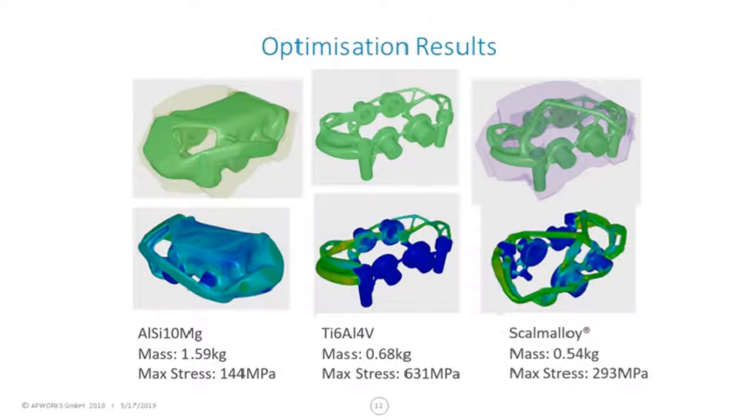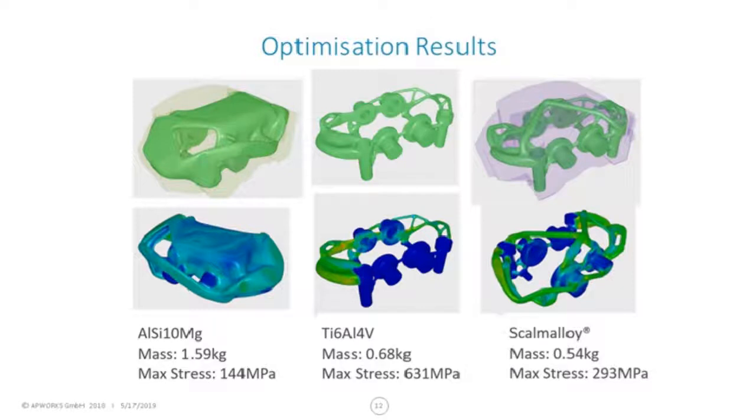And with Scalmalloy, we use a yield strength of 450 megapascals. Again, that's a basis level, so the typical properties are quite a bit higher. You can see that each solution came in with a similar margin of safety, which we built into the optimization. So they're quite equivalent solutions.